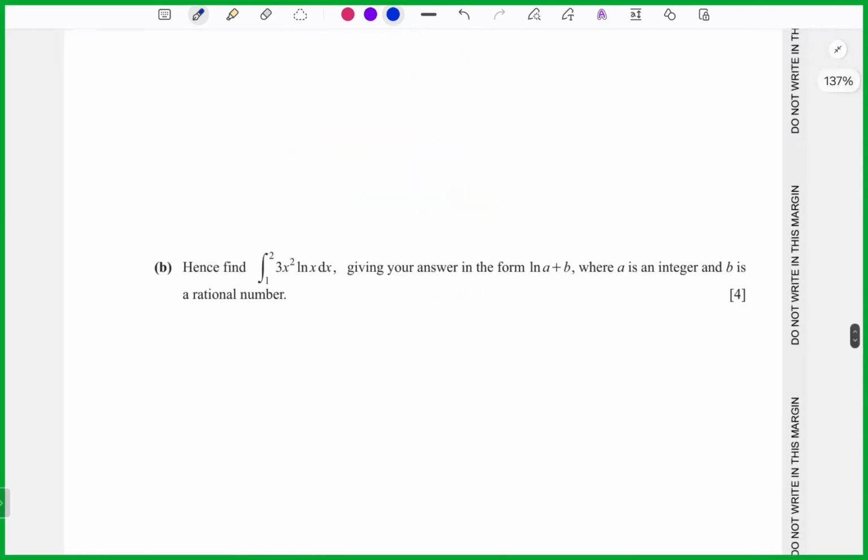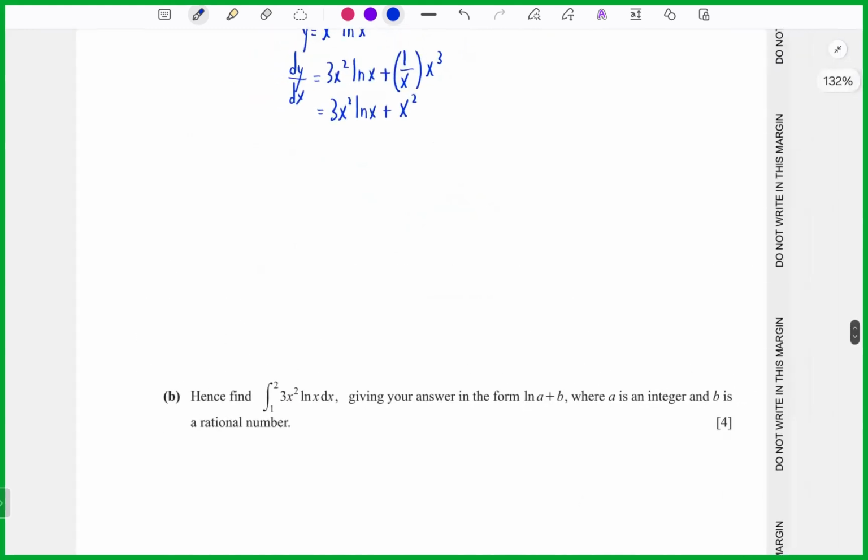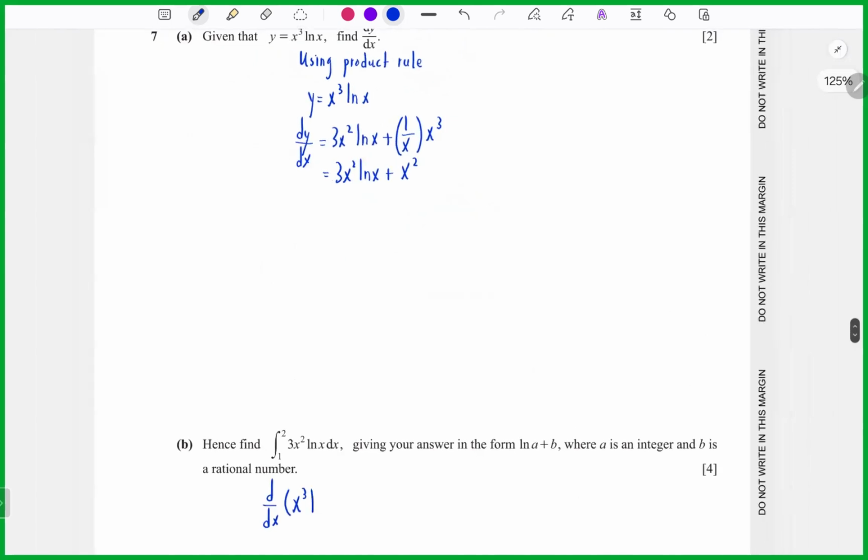Okay, and then we go to question b. Hence, find the integral from 1 to 2 of 3x squared ln x dx. Give your answer in the form ln a plus b, where a is an integer and b is a rational number. Now I can write it this way: d/dx of (x cubed ln x) equals 3x squared ln x plus x squared.